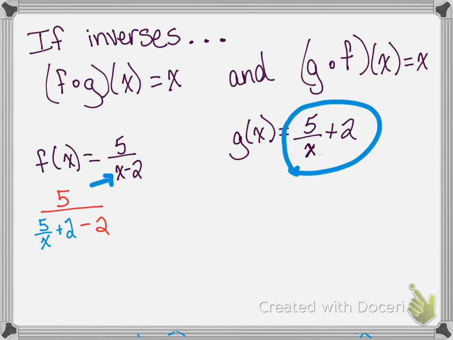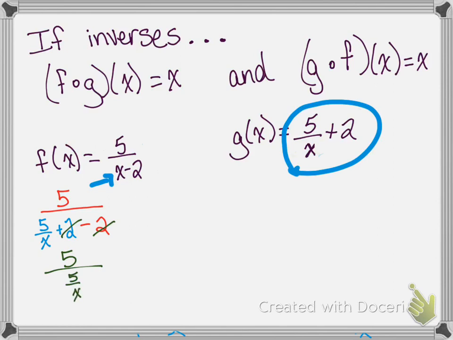I have taken out that x and put in 5x plus 2. Now I'm going to simplify. 2 and negative 2 cancel out. Now I am left with 5 over x.